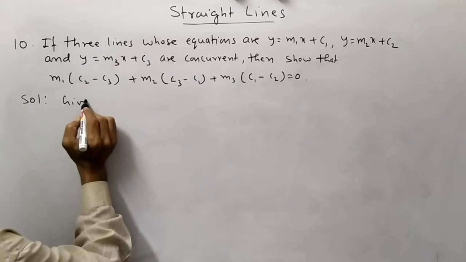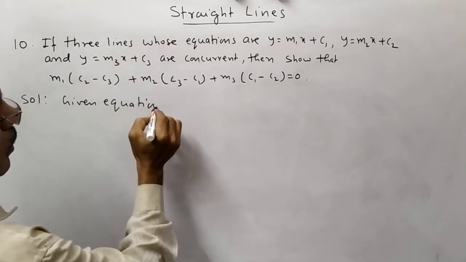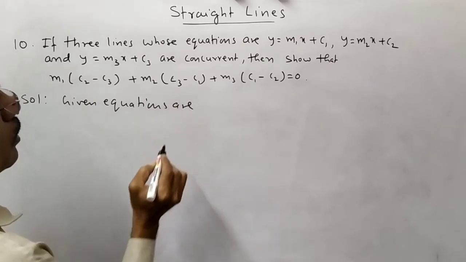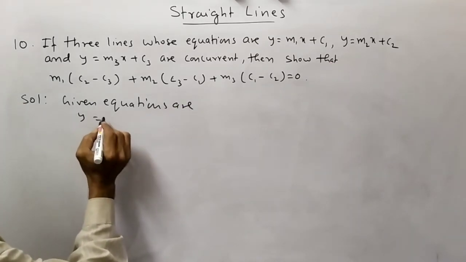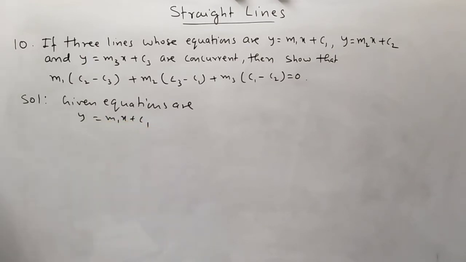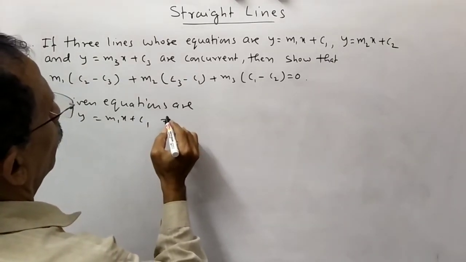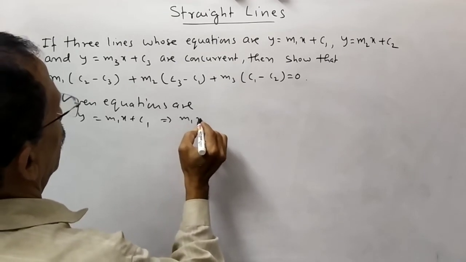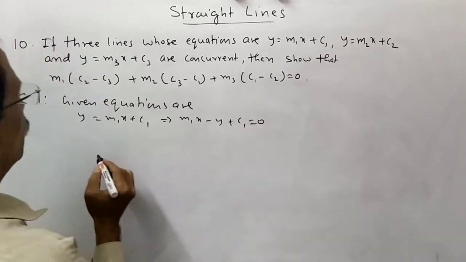Given equations are y is equal to m1x plus c1 implies m1x minus y plus c1 is equal to 0.